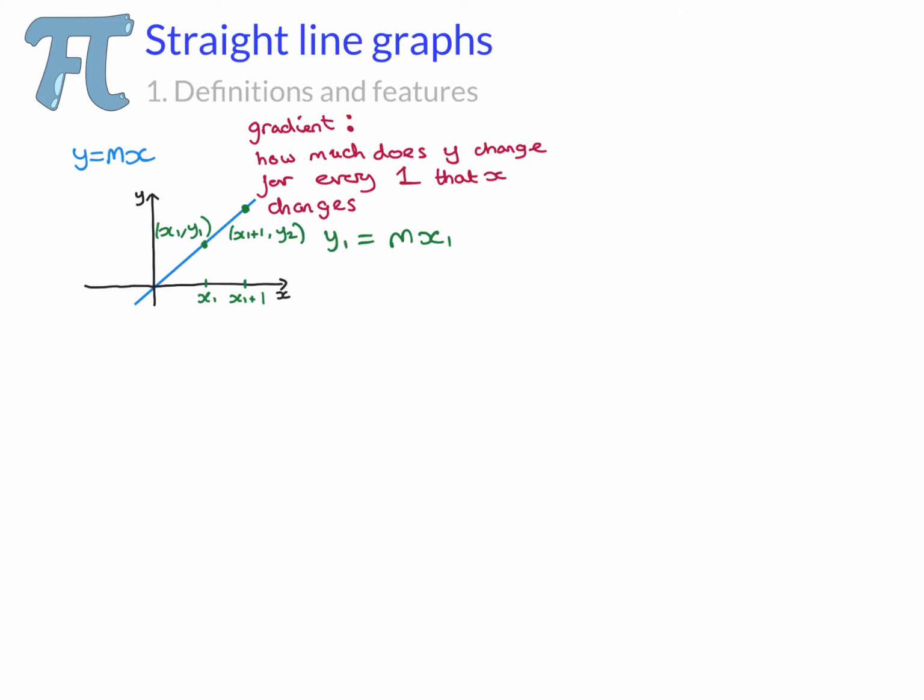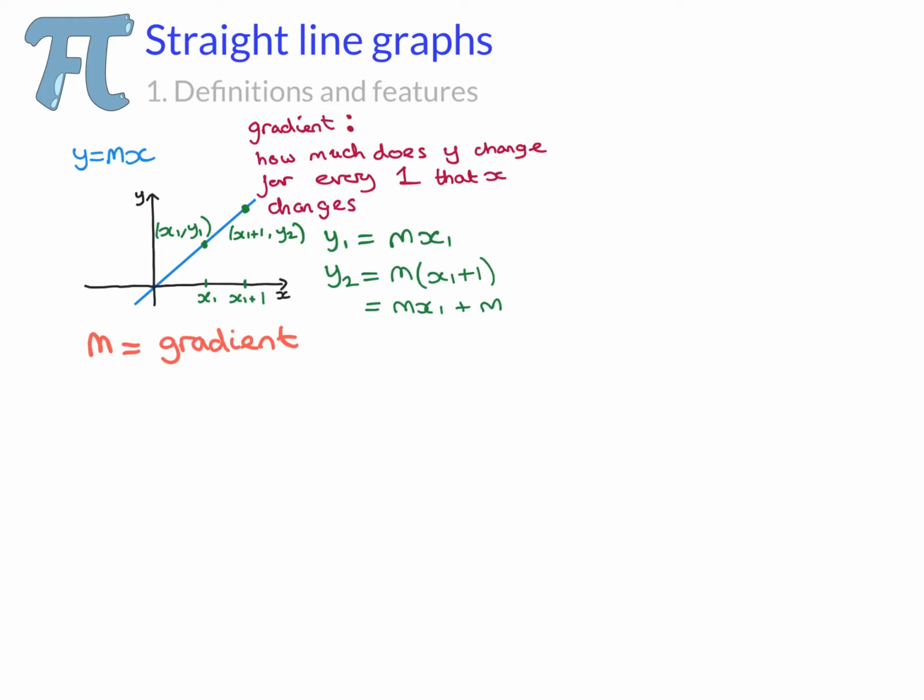To find the new y-coordinate, we must again multiply the new x-coordinate by m, and so we get m times x1 plus 1, which gives us mx1 plus m. We can see that this is greater than the original y-coordinate by m. We have therefore figured out that for every 1 that x increases, y increases by m, and so m is the gradient of the straight line.